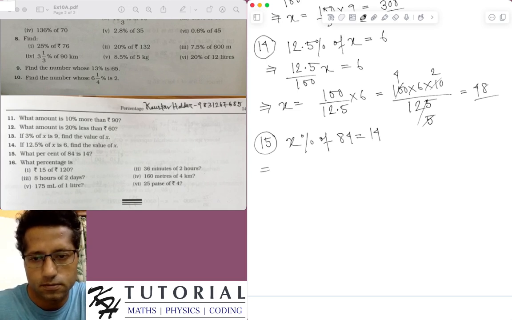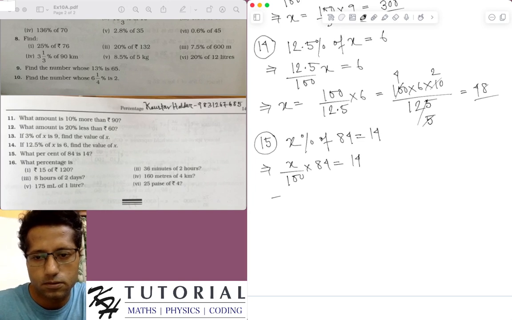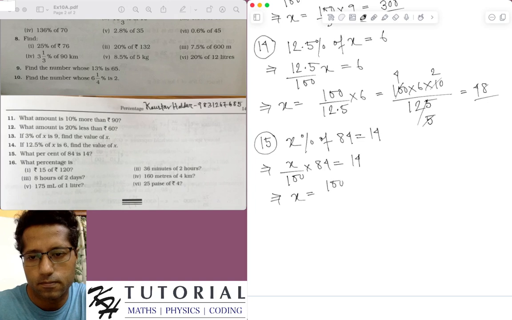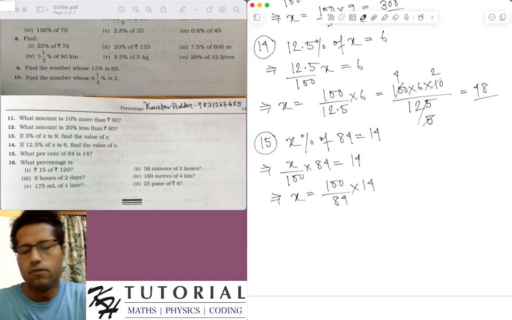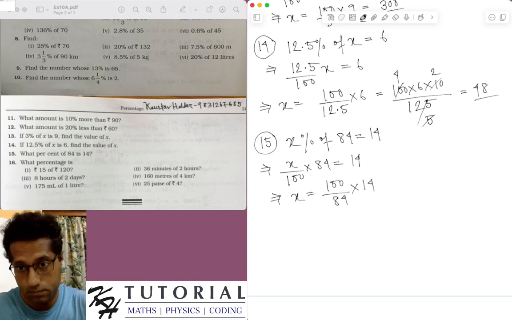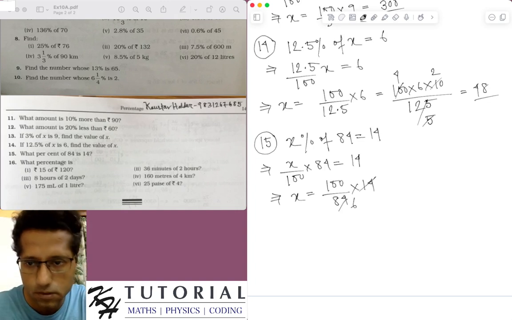So this implies x by 100 into 84 equals 14. This implies x equals 100 by 84 multiplied by 14. This is 6.